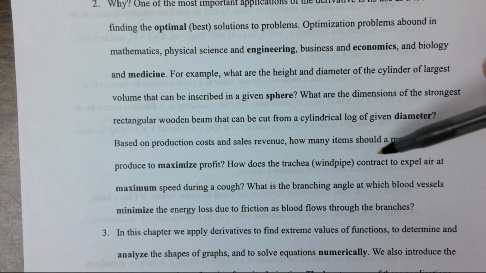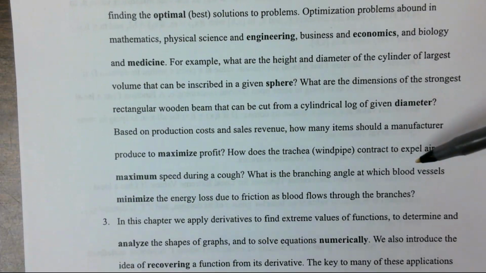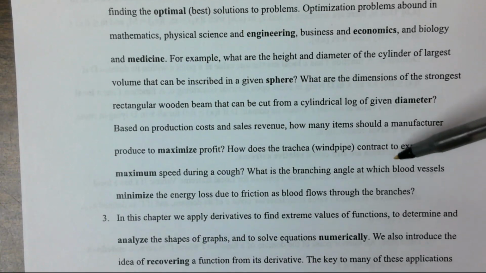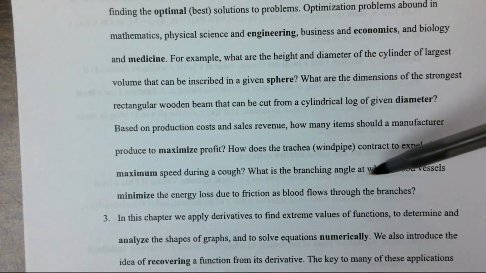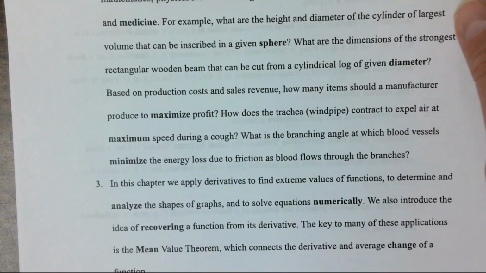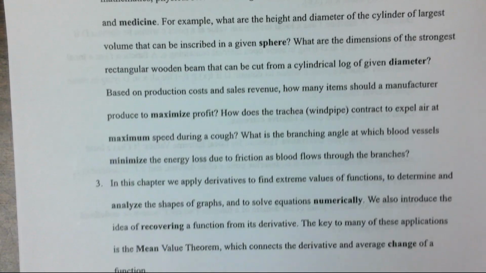And how does the trachea or windpipe contract to expel air at a maximum speed during a cough? What is the branching angle at which blood vessels minimize the loss of energy due to friction? So that's a general overview of what it would be used for.